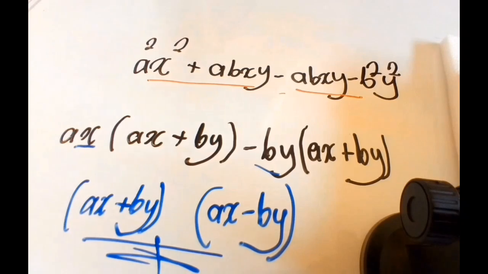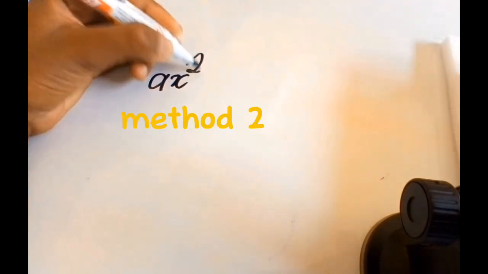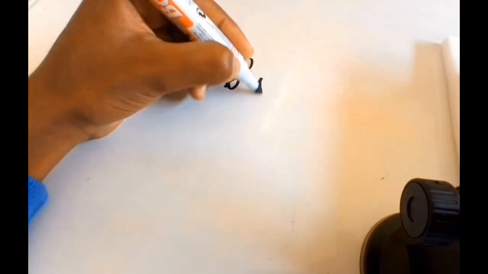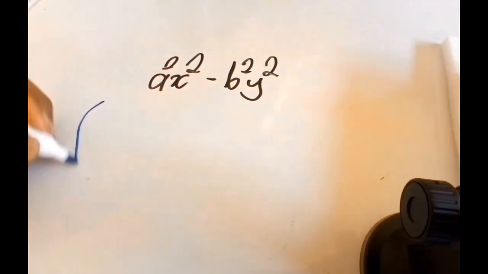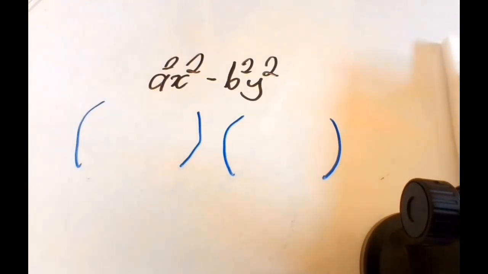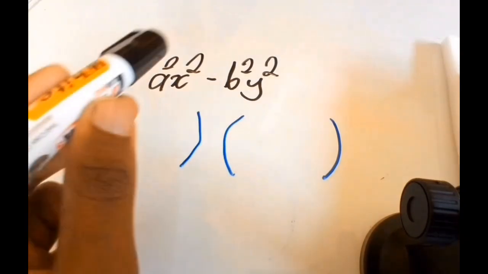Let me show you a different method to factorize this same expression, a squared x squared minus b squared y squared. One fast, easy method: introduce the two sets of brackets like so. This can be square rooted, this can be square rooted. What is the square root of a squared x squared?